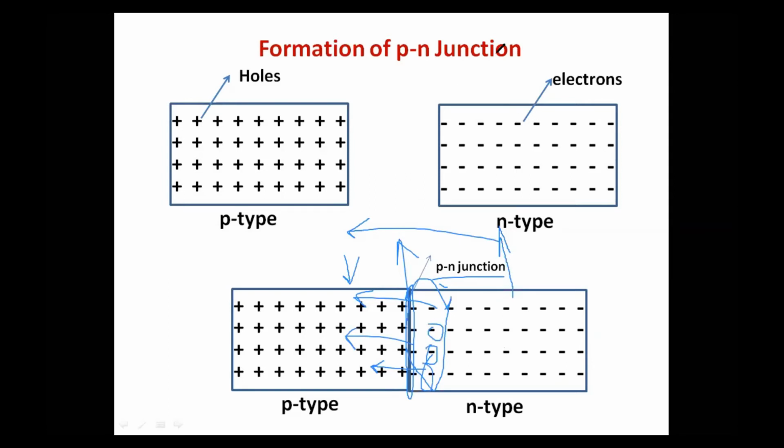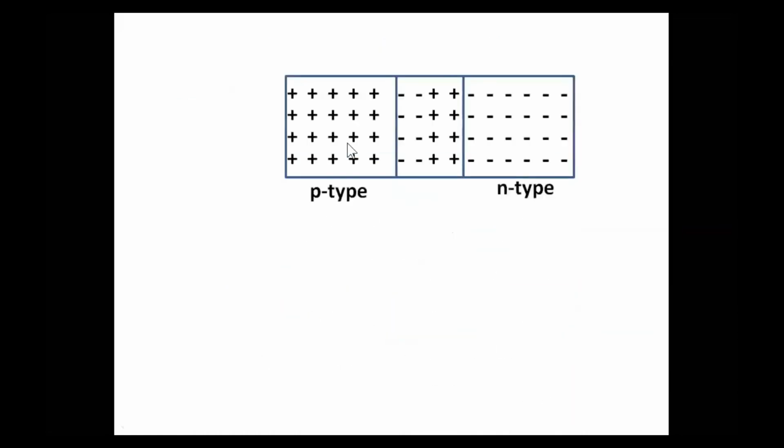As a result of diffusion, in the n side we have positive charge and in the p side we have negative charge across the p-n junction region.